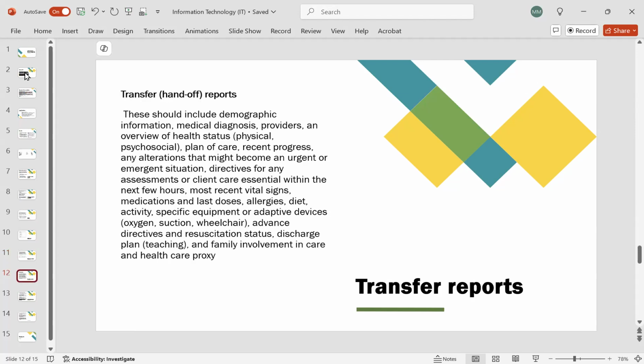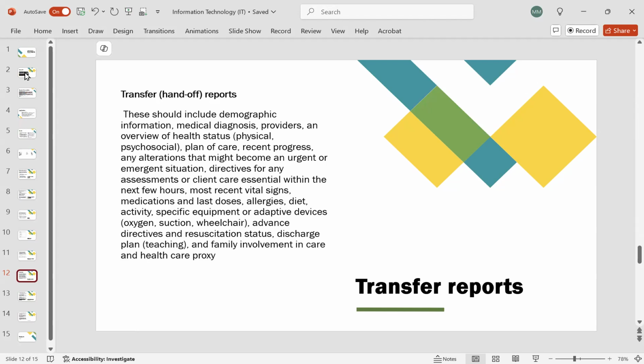All right. Transfer reports, like handoff reports, where patients are going from one floor to another, or patients going from one facility to another. So you want to make sure that they've got the face sheet, and face sheets, whether it's electronic or paper records, all have the patient's demographic information. So their name, their address, their date of birth, their next of kin, all that protected health information. If they were employed, what their insurance is, all of that's on that face sheet, okay?